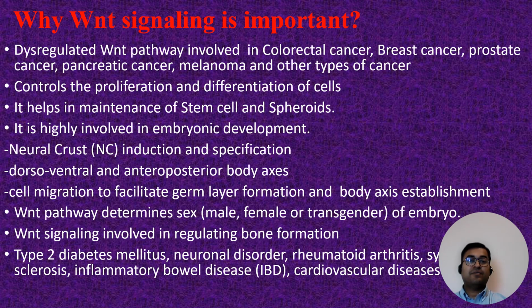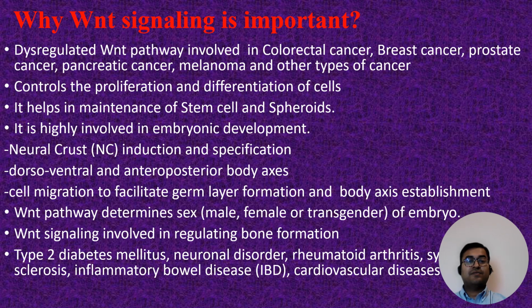And if we talk of embryonic development, this Wnt signaling is mainly involved in neural crest induction and specification, dorsoventral and antero-posterior body axis formation in the embryo, cell migration to facilitate germ layer formation and body axis establishment in the developing embryo. And I am pretty sure you have definitely studied all this in developmental biology classes.